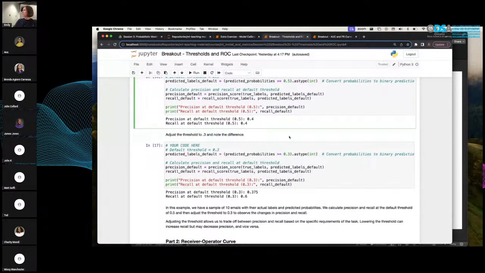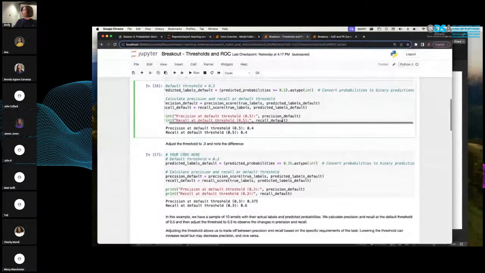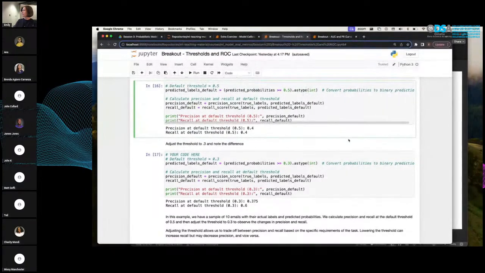So here's the difference. What are the big changes that you guys noticed between a threshold of 0.5 and a threshold of 0.3? Well, if you round up, they're basically the same. That is a good point. The precision is the same if you round up. So the precision didn't really change if we round up. What about the recall? Less false positives. Why is that?